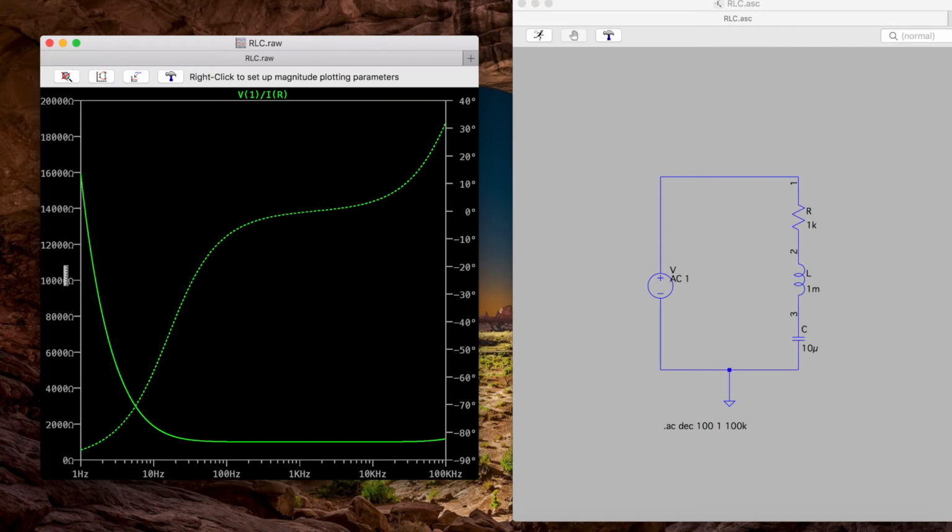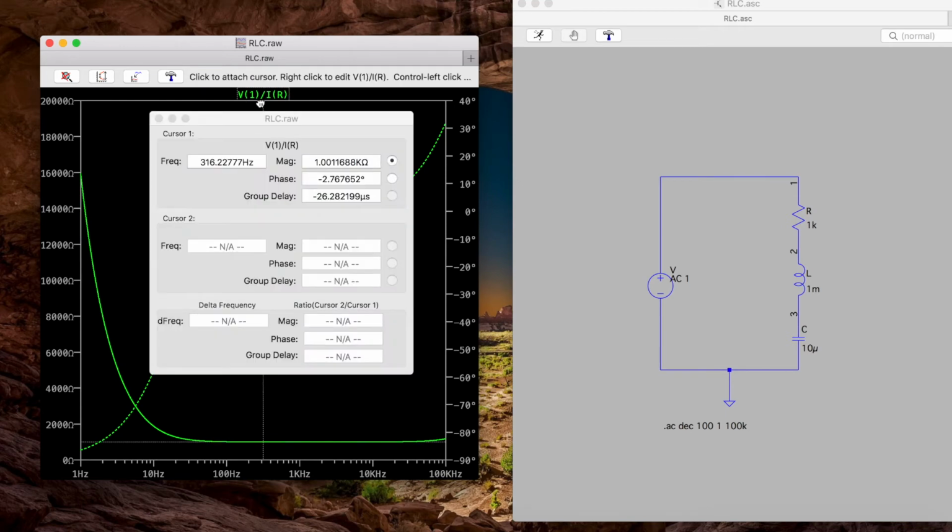The left axis matches with the solid line, and this is the magnitude of the expression, so of the impedance. The right axis matches with the dashed line and is the phase of the impedance.